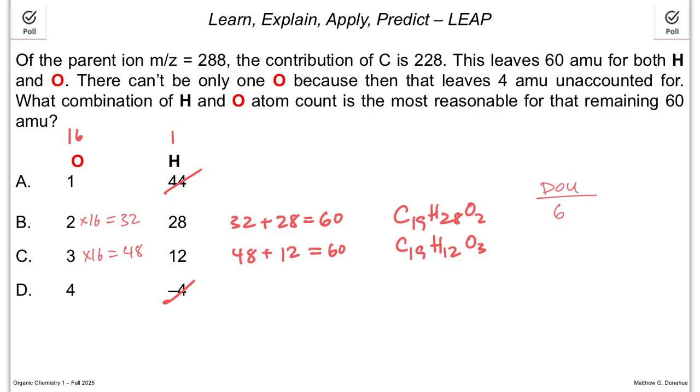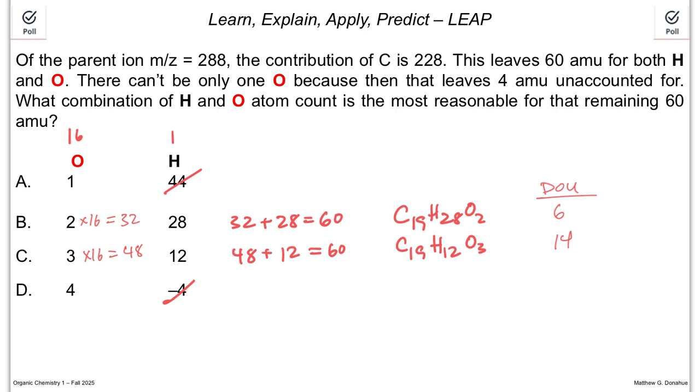Subtract out the 28. That gives us 12. Divide by 2. That gives us the 6. So what about for choice C? So 40 minus 12. That gets us 28. Divided by 2, that's 14.